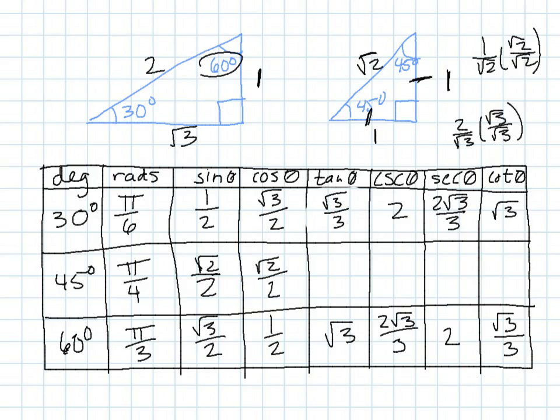And then tangent will be 1 over 1, which is just 1. And now from here, we can do cosecant and secant. If we go back to this previous one where we said it is 1 over square root of 2, so cosecant of 45 would be square root of 2, secant would be square root of 2, and then cotangent is the reciprocal of tangent, which is still 1.